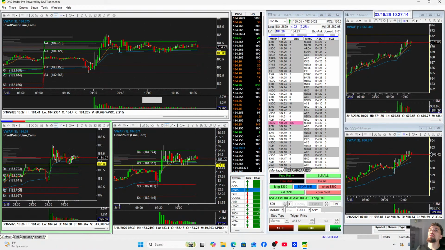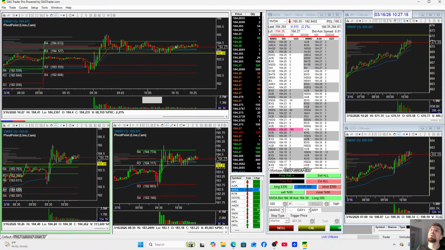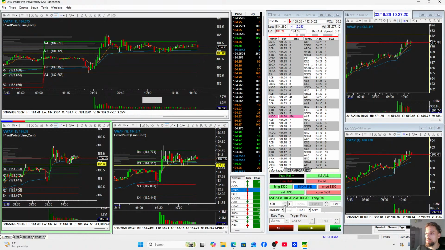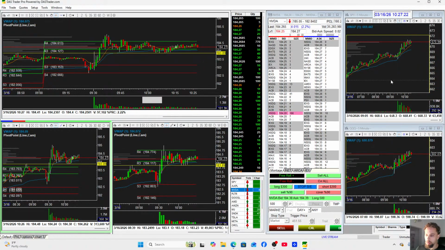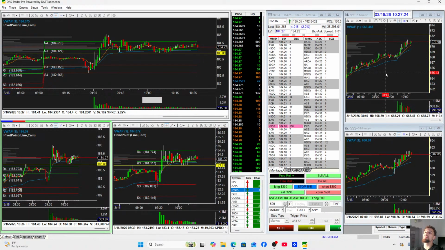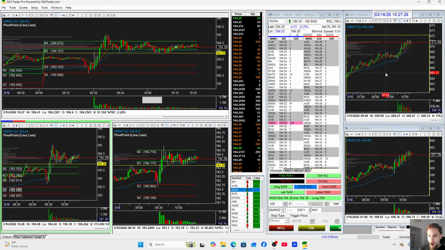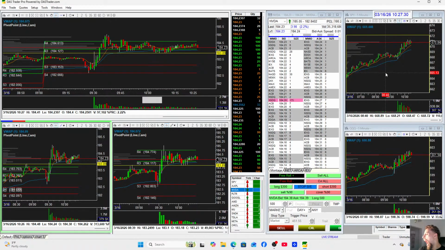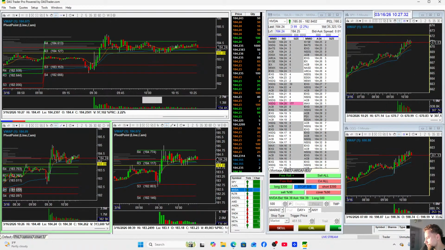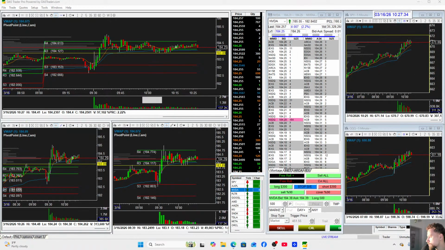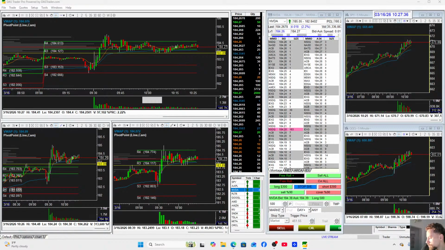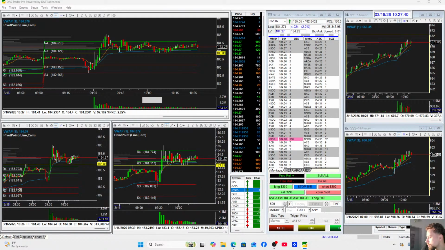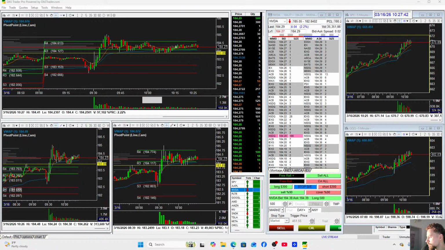So that 184, that didn't get filled. SPY and QQQ going sideways, still grinding up. The 15-minute candle is going to be closing in 3 minutes.